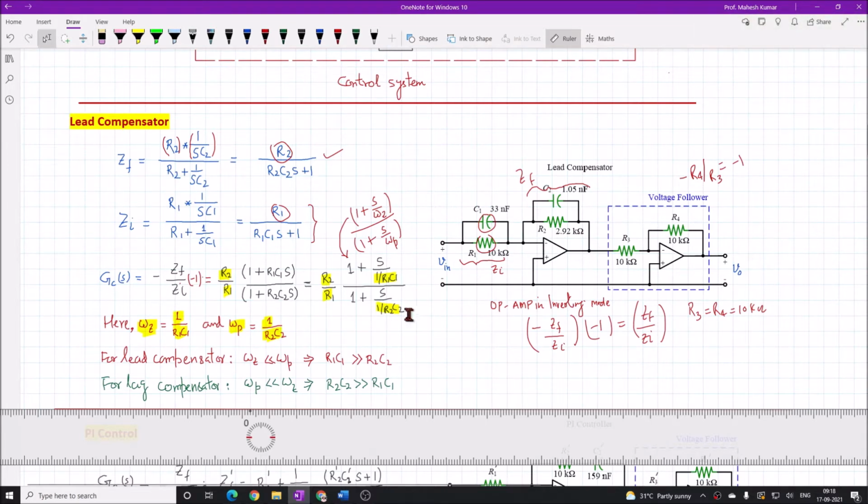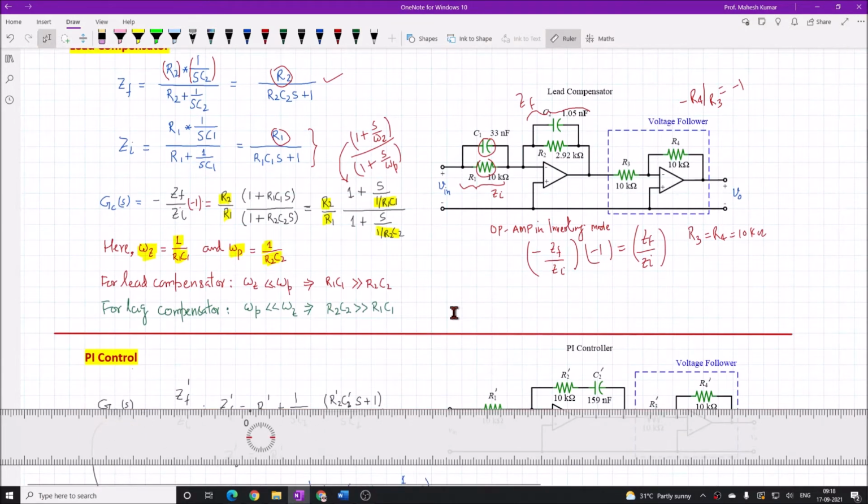Okay, and we can realize both the circuits with the help of proper selection of R1, C1, R2, C2. For example, if omega Z is less than omega P, then it is a lead compensator. This basically means that 1 by R1 C1 is less than 1 by R2 C2, which means R1 C1 is greater than R2 C2.